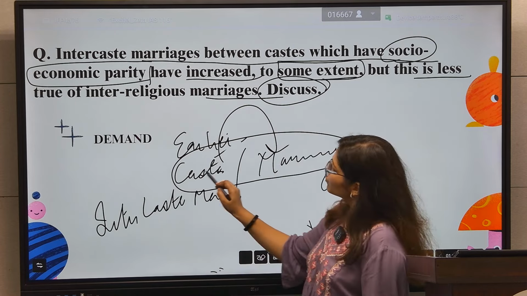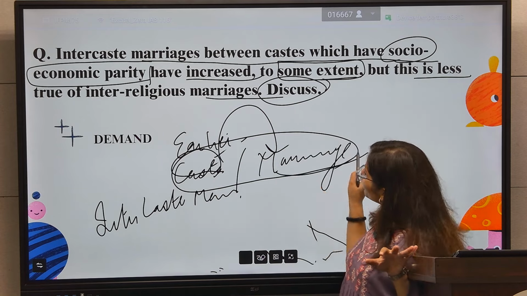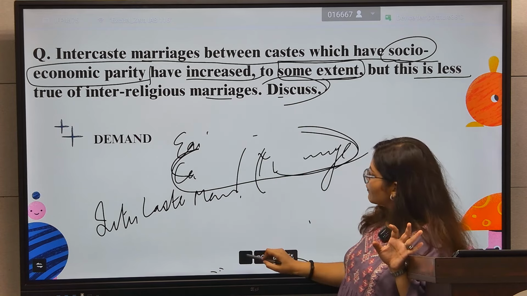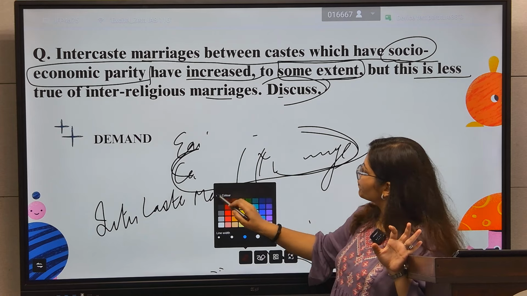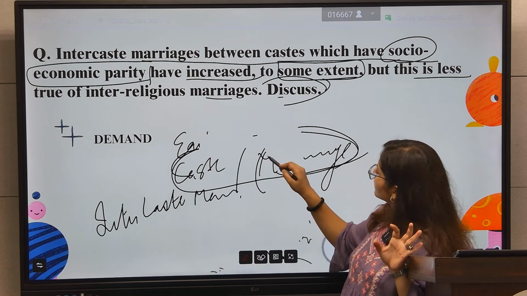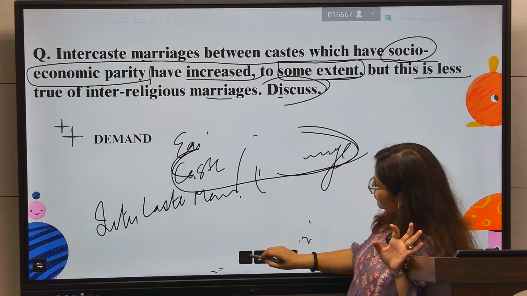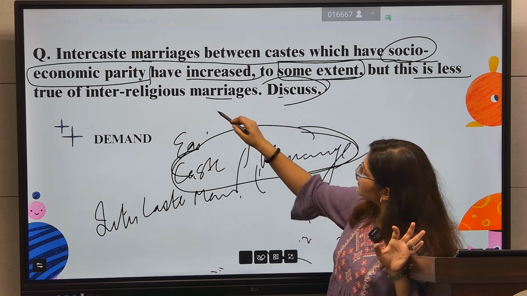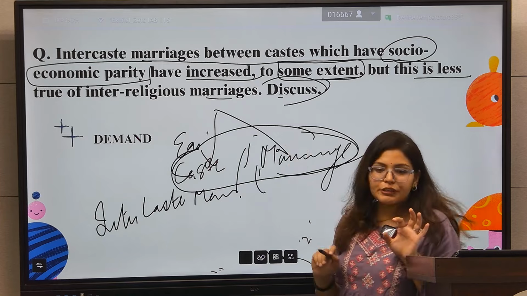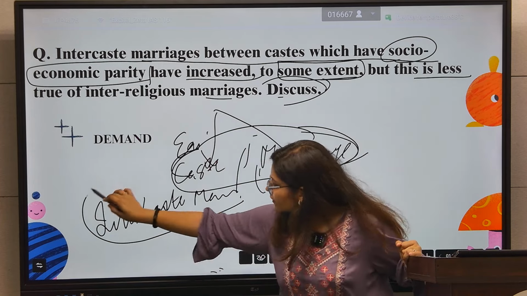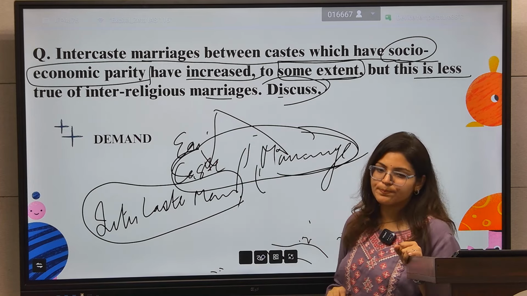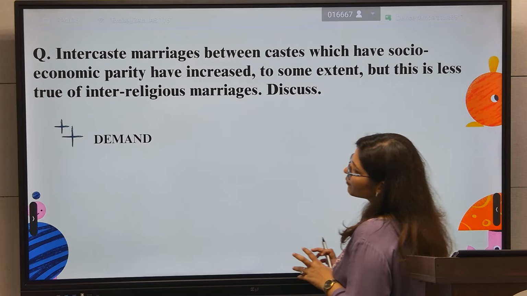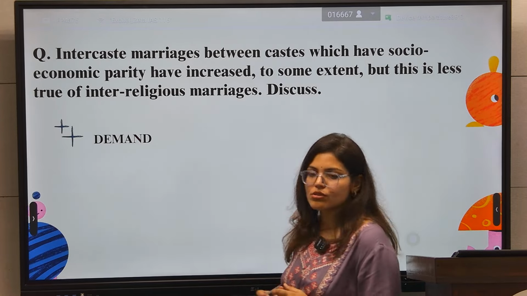So in your notes you have points on caste, you have points on marriage, but you have to interlink these two different points and make one point on intercaste marriages. So this interlinkage is very important while dealing with the society answer.